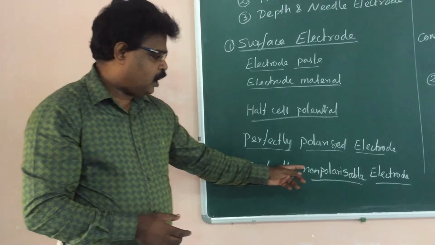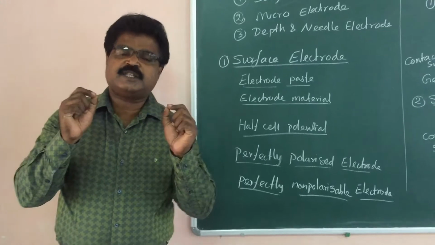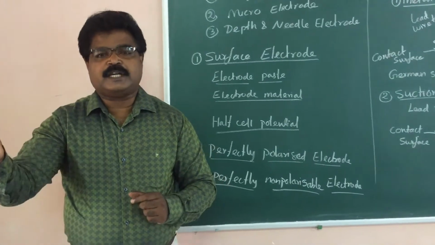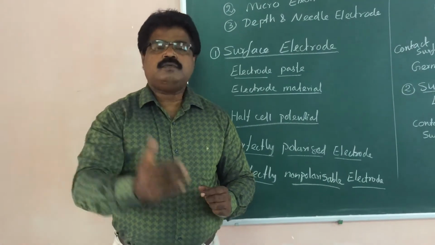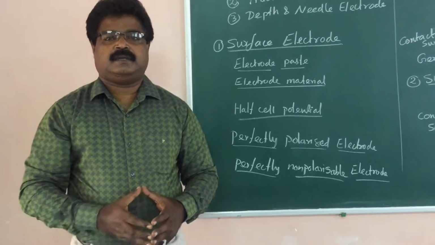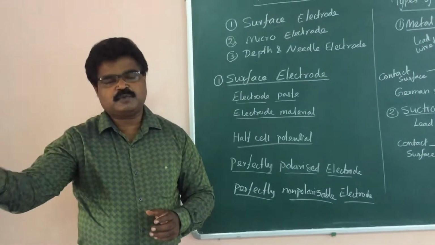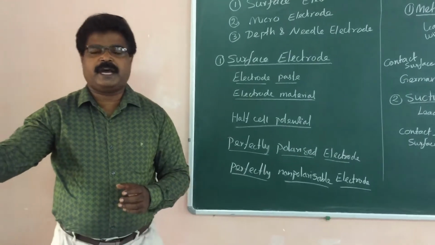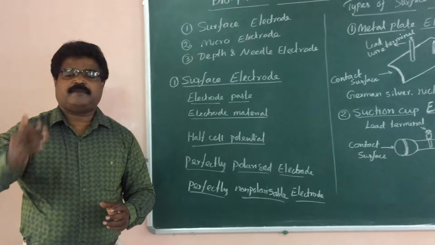But in a perfectly non-polarizable electrode, there is no hindrance for ion transfer or electrical potential transfer from the electrolyte to the metal. That means there is maximum transfer of ions through this electrolyte interface.